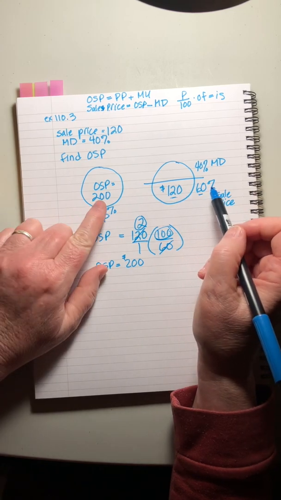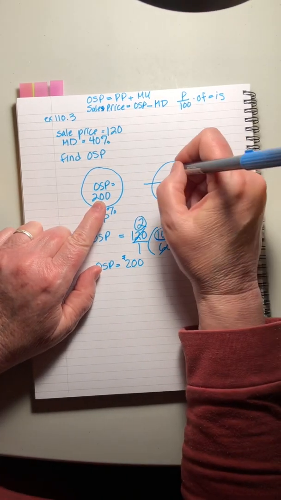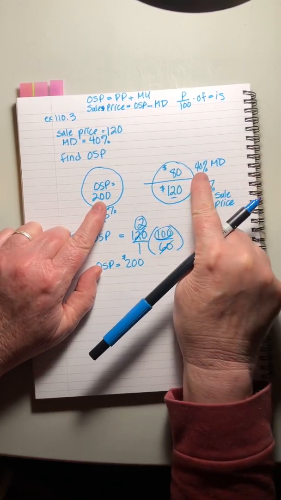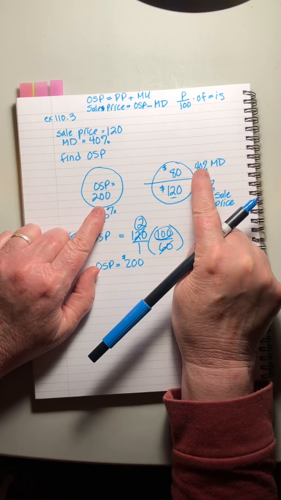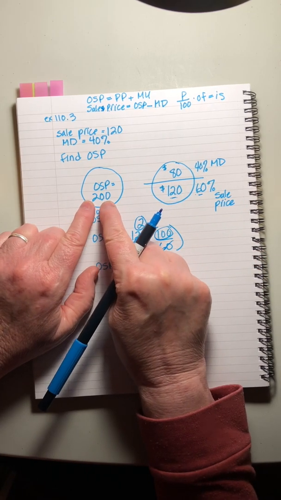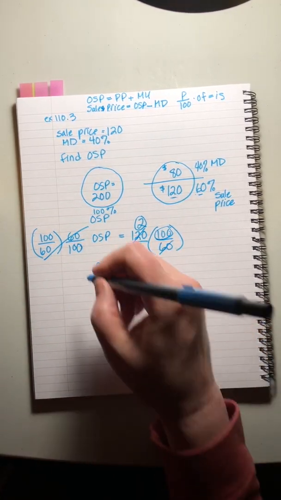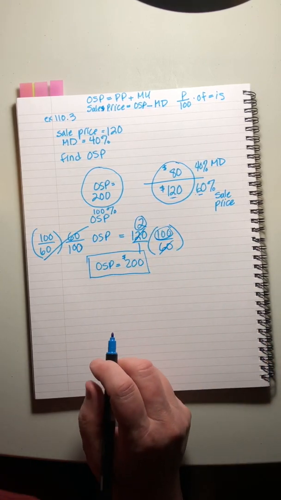And that makes sense because if we take 200 times 0.6, we would get 120. That means this must be $80. I did that just by subtracting, but look, 40% is 0.4. 0.4 times 200 would be 80. So it all works out and ties together beautifully. And that is the right answer.